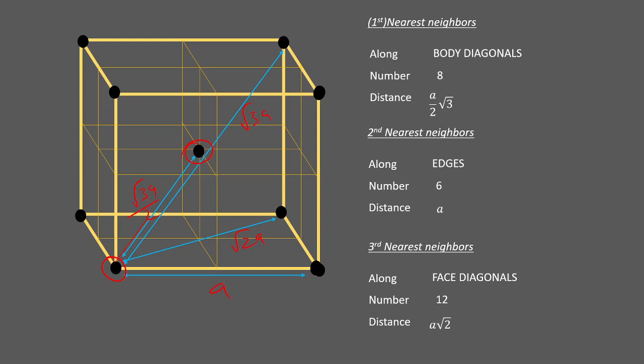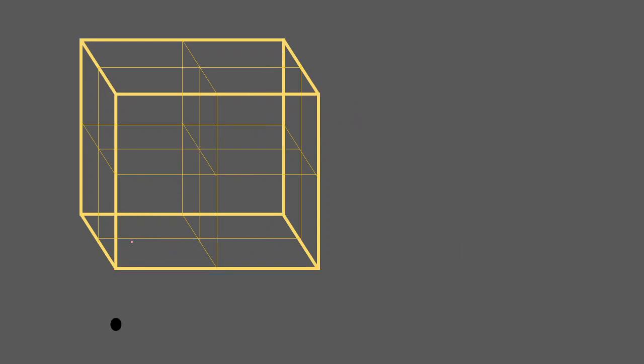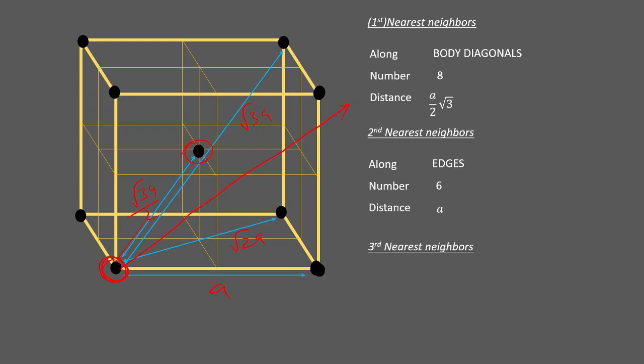There is a very interesting thing which I was thinking about just before I started recording this video. Suppose I go in any random direction from a point in a cubic lattice. Okay, so let me ask you this question in this way.